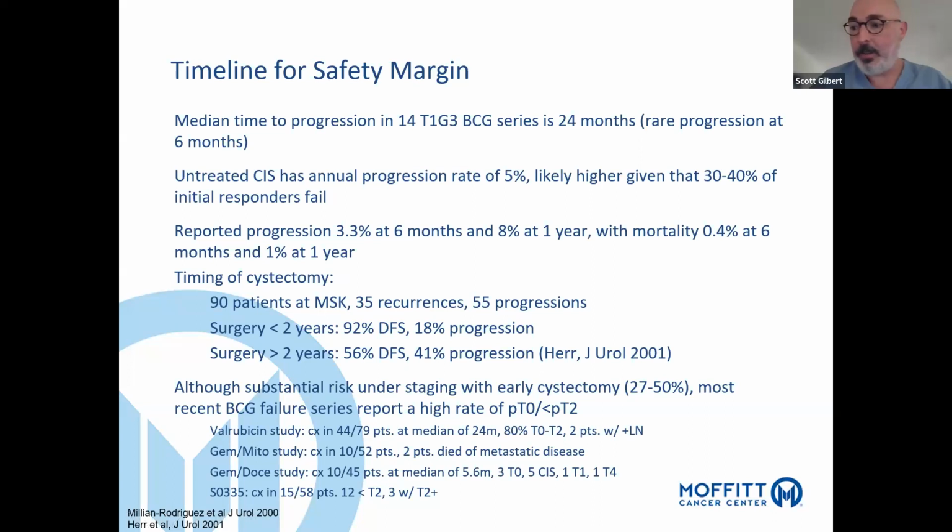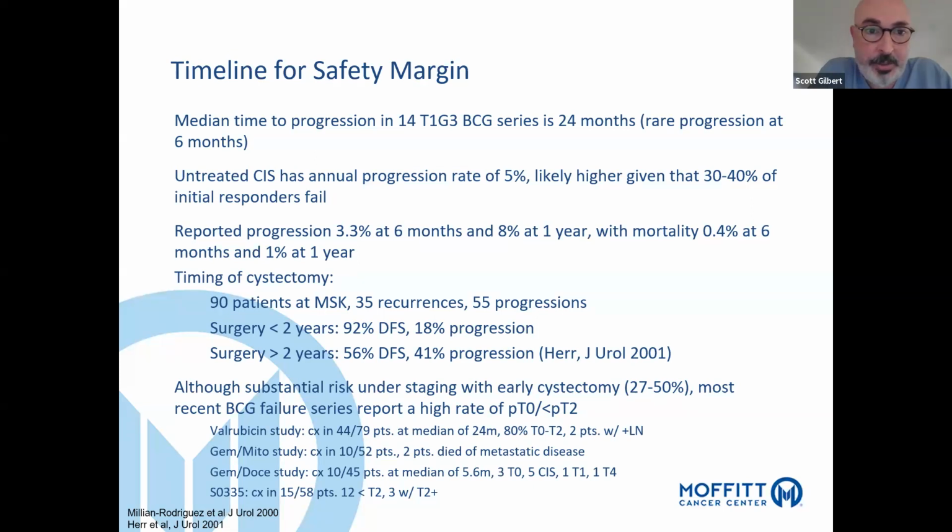I kind of alluded to this safety margin, this timeline for when the cat might get out of the bag, and there's data on this. The median time for progression for T1 grade 3 BCG recurrent tumors is about 24 months. It's rare that progression would occur within 6 months for this patient group.